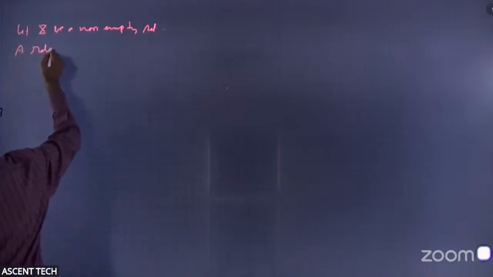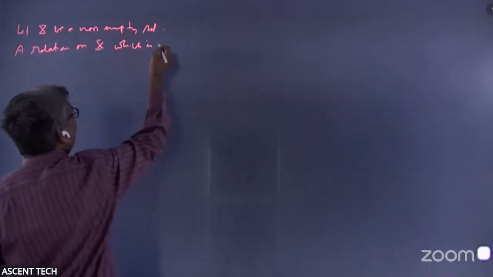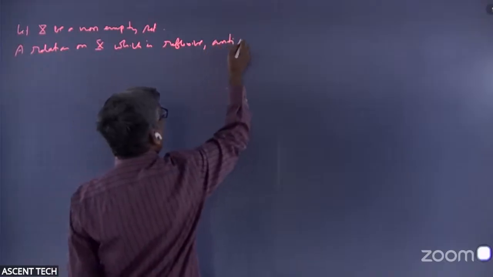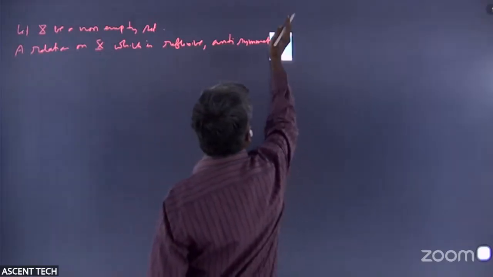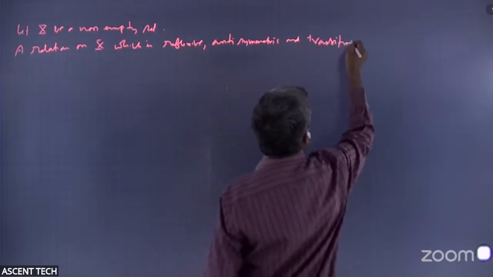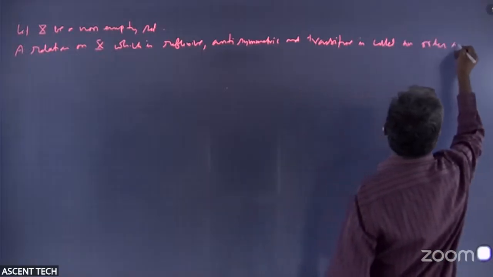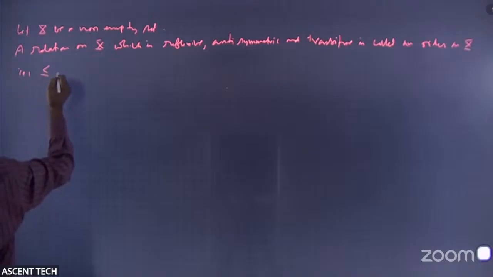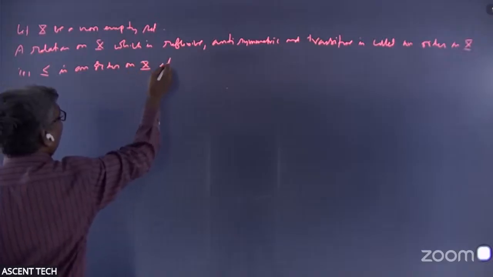A relation on X which is reflexive, anti-symmetric, and transitive is called an order on X. So that less than or equal to is an order on X if, one, it is reflexive, I said.